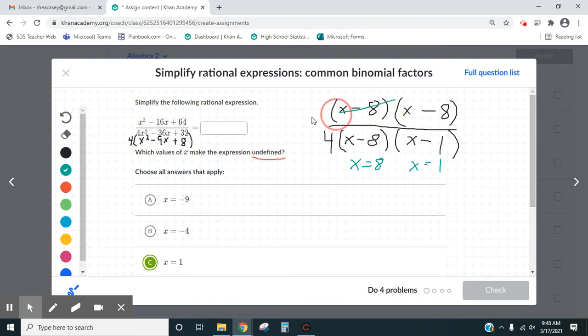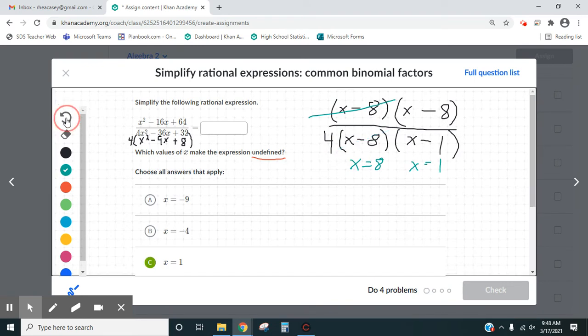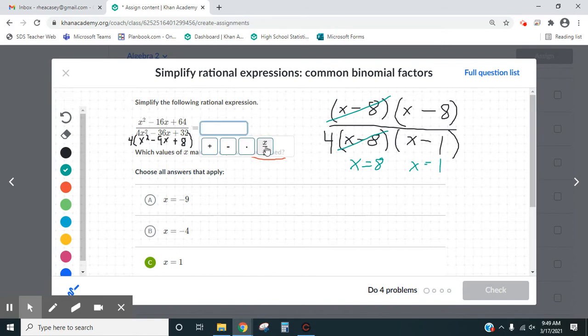Okay, the last step, let's cancel. We can only cancel 1 for 1. Some people will ask, can I just cancel all of them? No, right? The reason we cancel is because something is divided by itself and it's equal to 1. So here's our final answer.